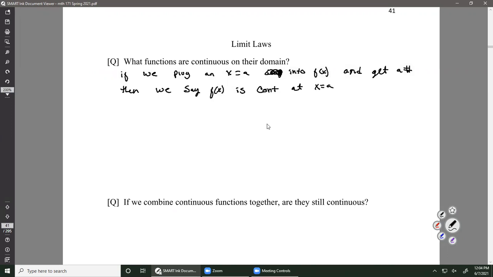So if we think of functions that are continuous in their domain, we know the function's domain is this. Is it continuous everywhere on that?